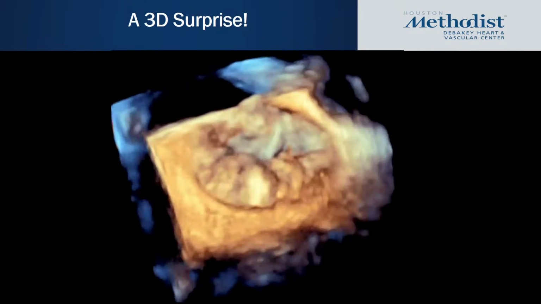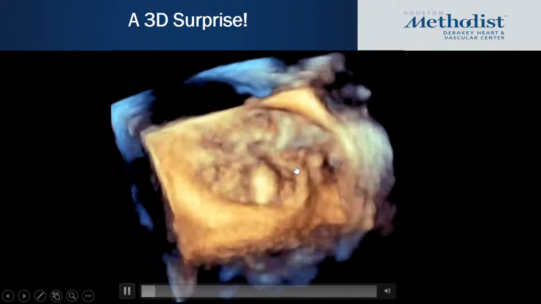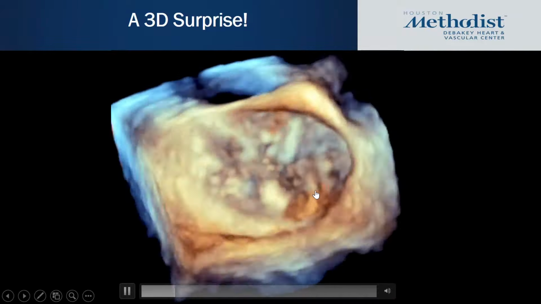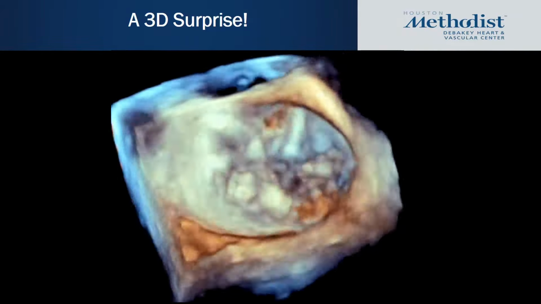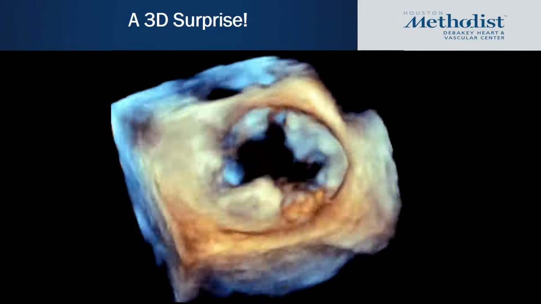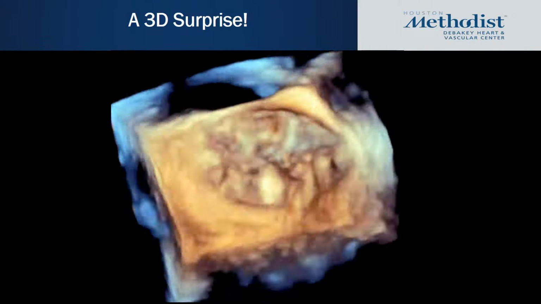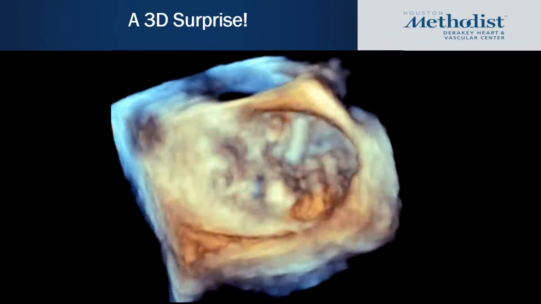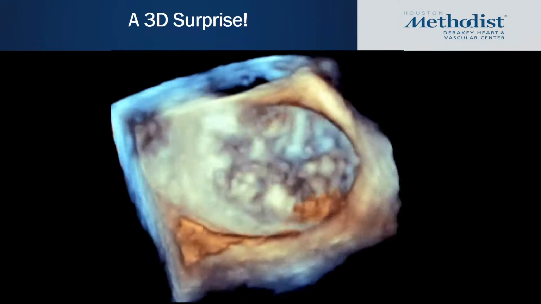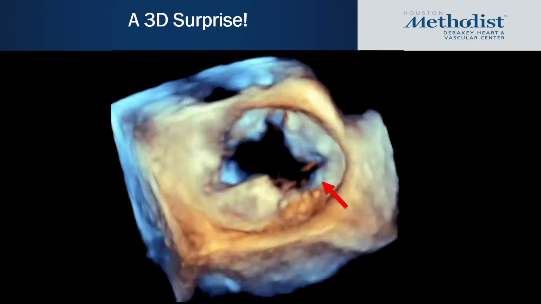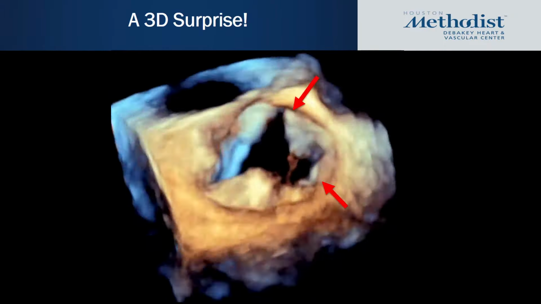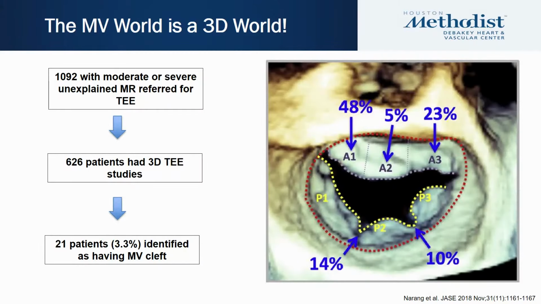By 3D imaging, in addition to the posterior medial flail that you can appreciate, there's an additional anterior leaflet cleft that was not very clear by 2D imaging. And that's why 3D imaging is very important when planning procedural interventions on the mitral valve. This does have procedural implications. So this is the flail, and this is the anterior cleft.